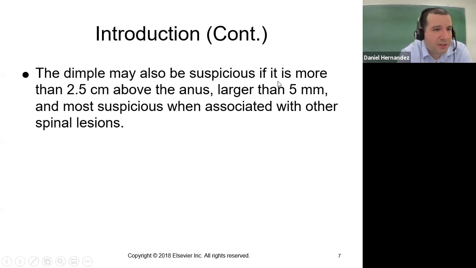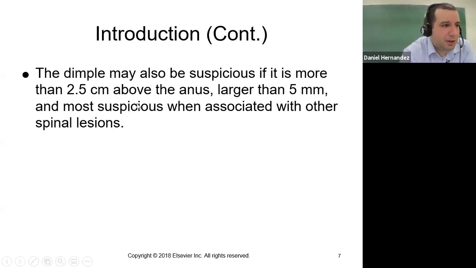The dimple may also be suspicious if it is more than 2.5 centimeters above the anus or larger than 5 millimeters in diameter. That would be a dimple located higher up along the spine.